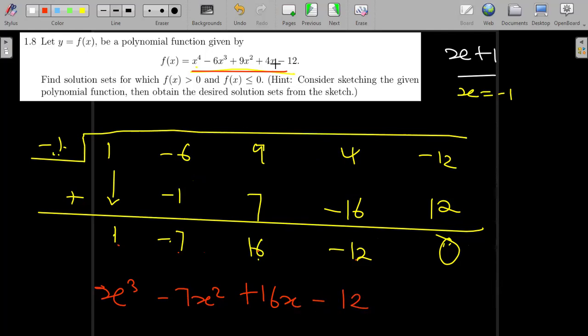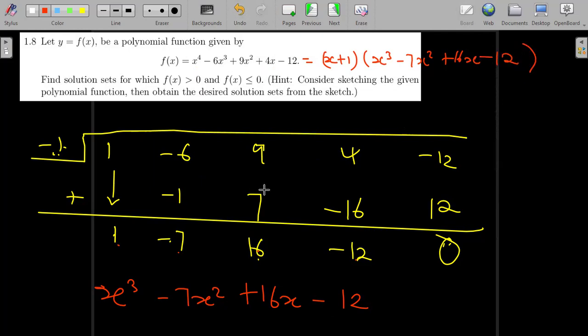Okay, so it means this guy here has simply reduced to this. This guy here is the same as the x plus 1, the factor that I divided with, and then I write x to the power 3 minus 7x squared plus 16x minus 12. So this is what we have there.